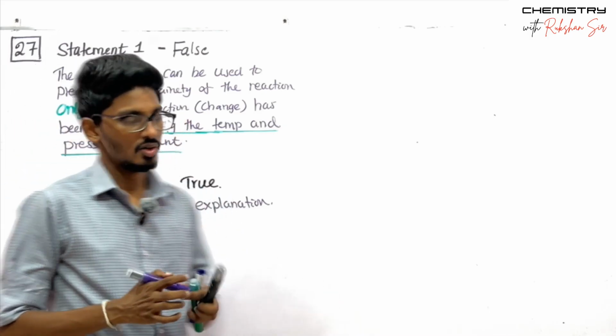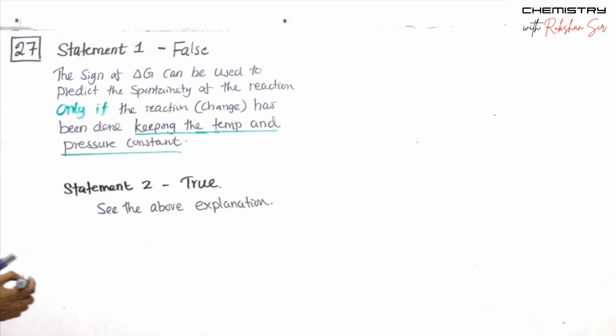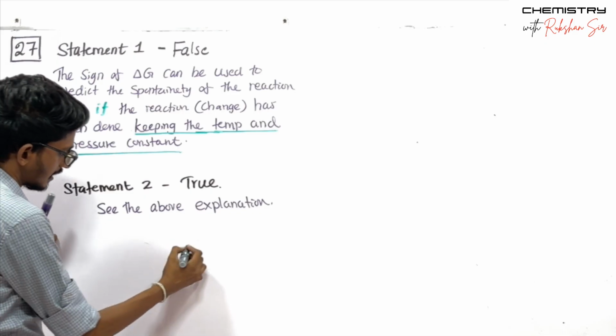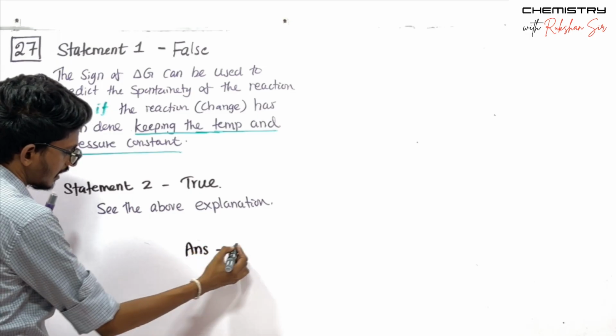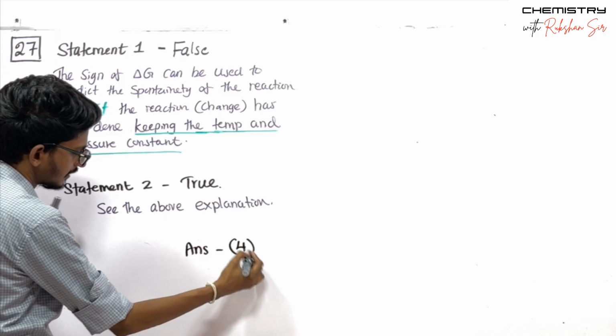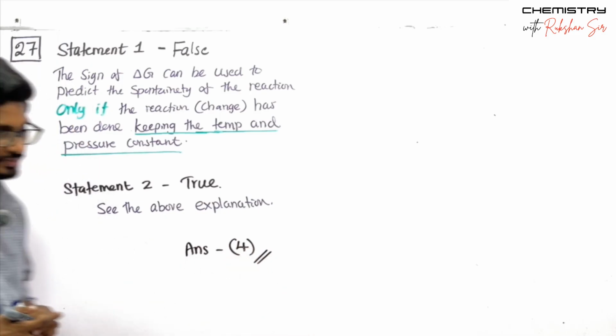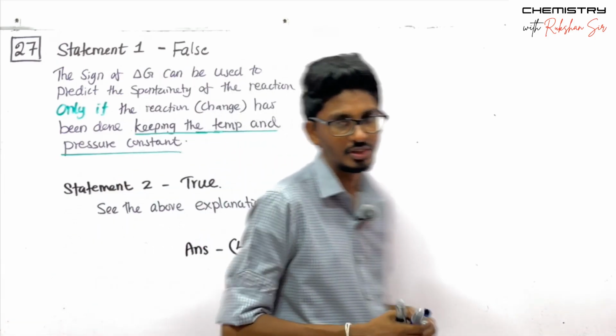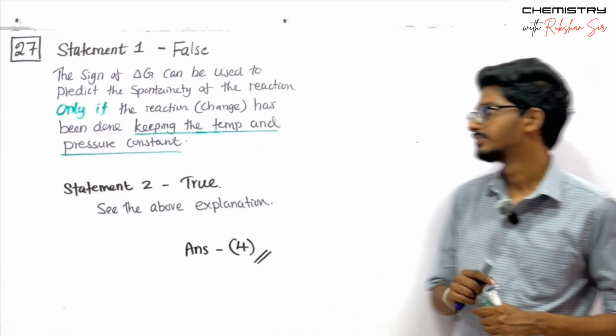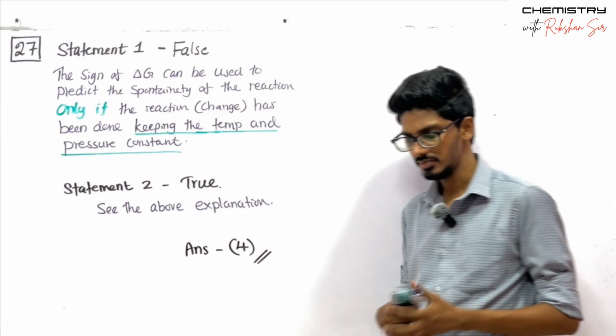So 1 is false, 2 is true. That means the answer is answer number 4. First statement false, second statement true. That is the review for question number 27. So complete that one.